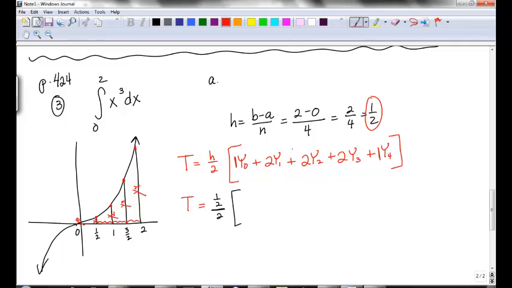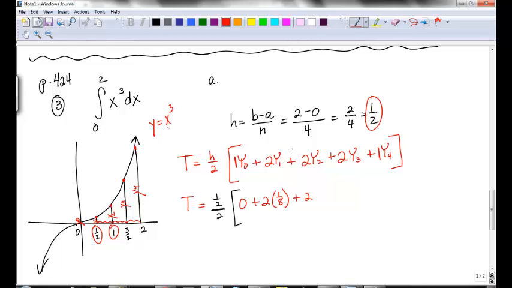So, if my x value is 0, and my equation is y equals x cubed, then if x is 0, y is 0. So this is going to be 0 plus 2. If this x value is 1/2, and you put 1/2 back into the equation, 1/2 cubed would be 1/8. 1/2 times 1/2 times 1/2. My x value is 1.